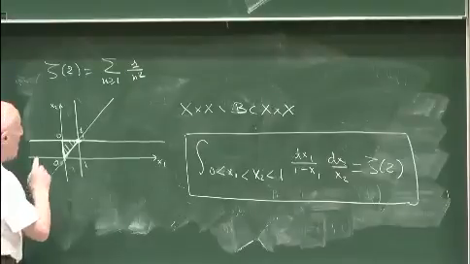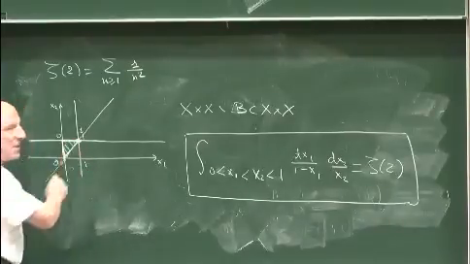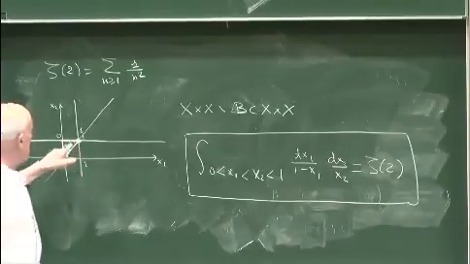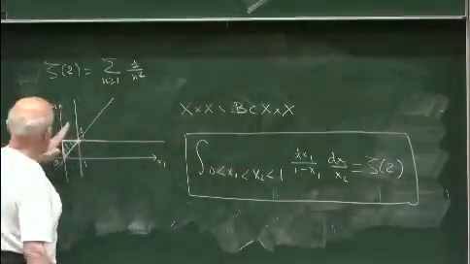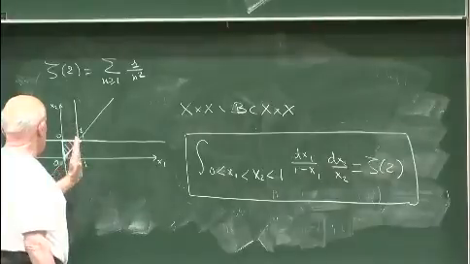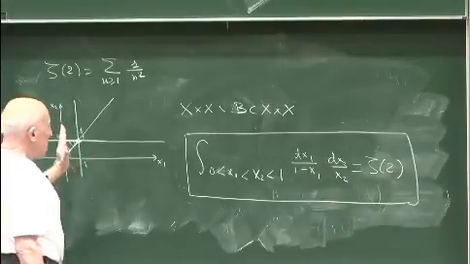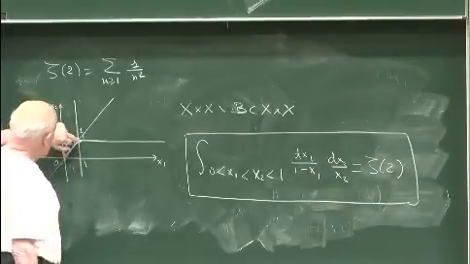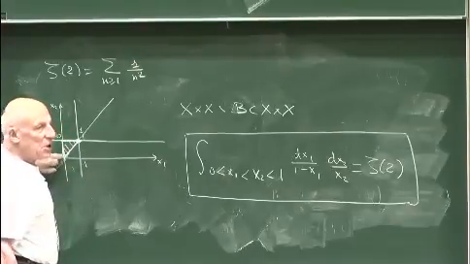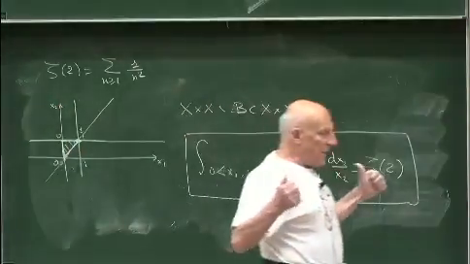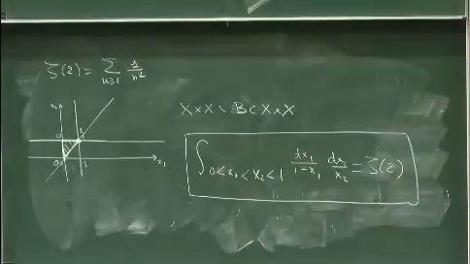But at these two points you have something exceptional: at x1 equals 1 you have a singularity, and at x2 equals 0 you have a singularity. So you have a triangle, and the function to integrate is singular at 2 points.